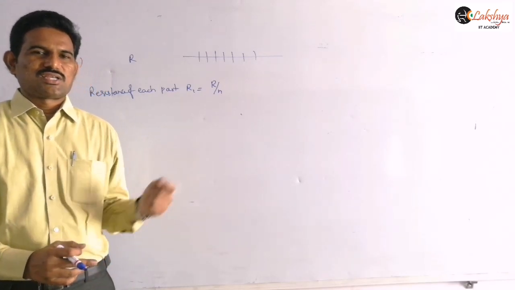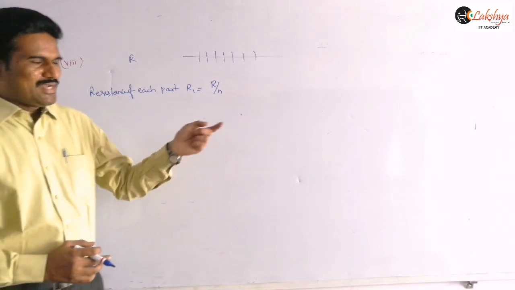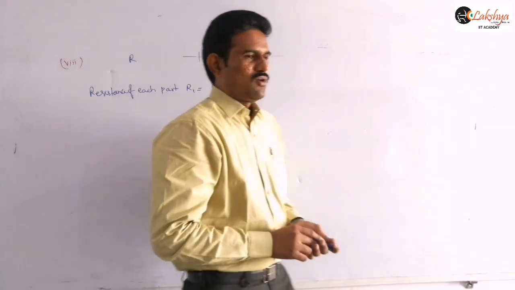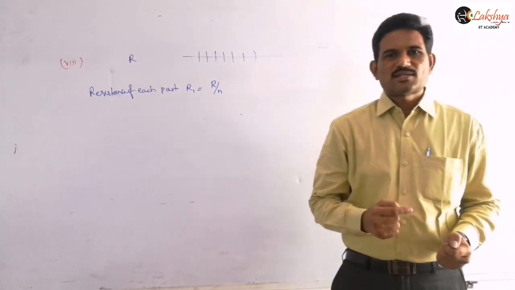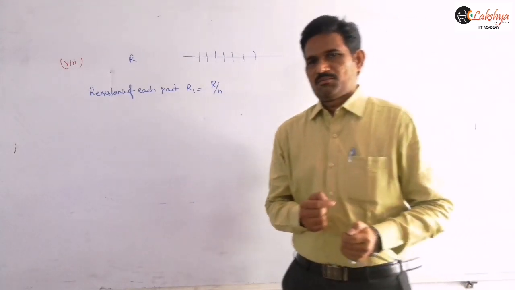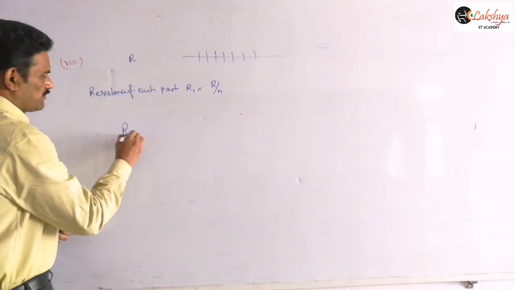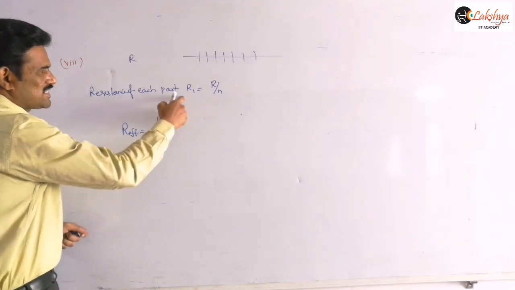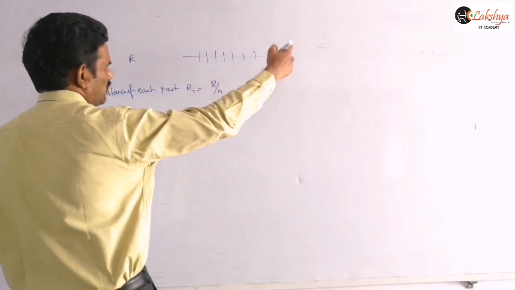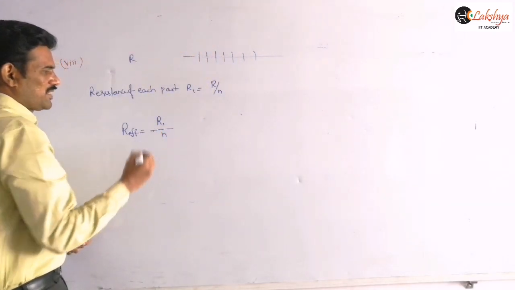Now the given condition is all such parts are connected in parallel. And just now we mentioned a point here: when n identical resistors are connected in parallel, the effective resistance will become R by n, right? So here the effective resistance, with each resistance being R1, R1, R1 and so on, will be R1 by n.